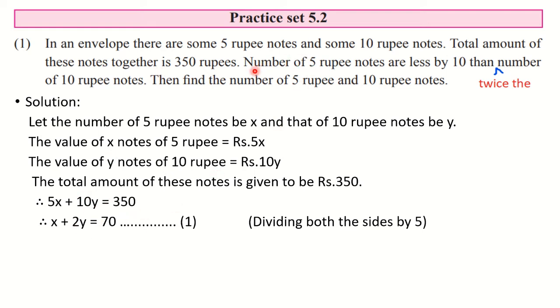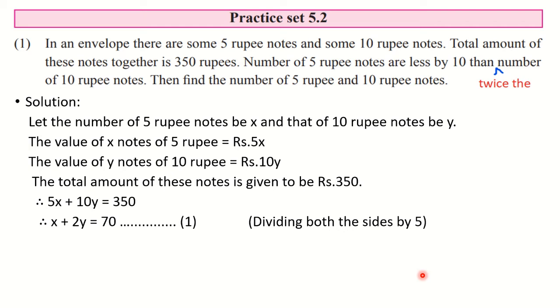Now I will use the second condition. Number of 5 rupee notes are less by 10 than twice the number of 10 rupee notes. Okay, means number of 5 rupee notes means what? x. And twice the number of 10 rupee note means what? 2y. And difference between them is what? 10.